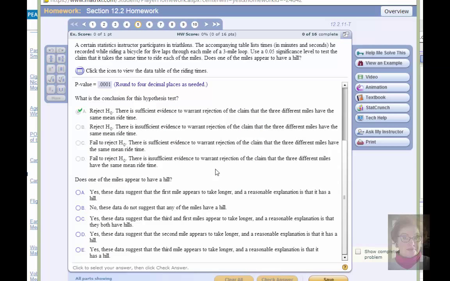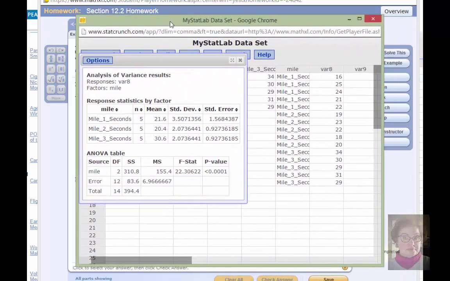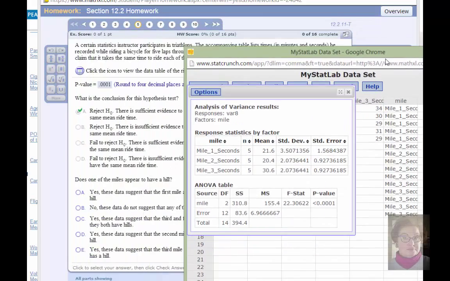And does one of the miles appear to have a hill? Let's go back to my data set in my StatCrunch, and notice that my mean time is about 10 seconds more on mile 3.